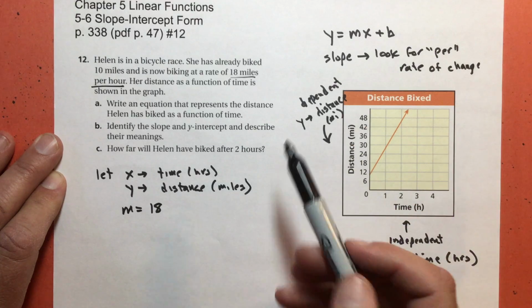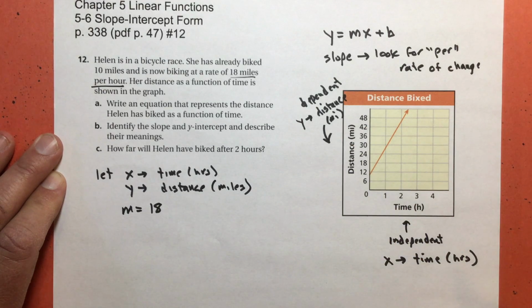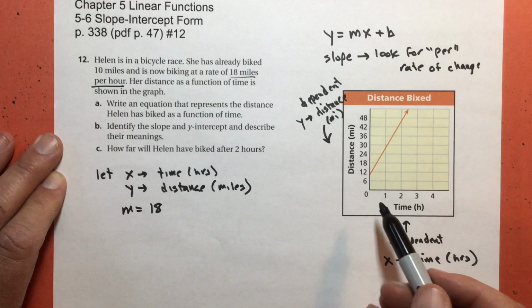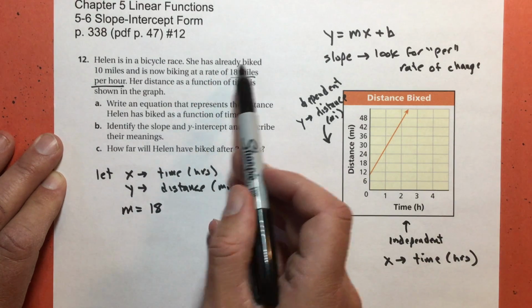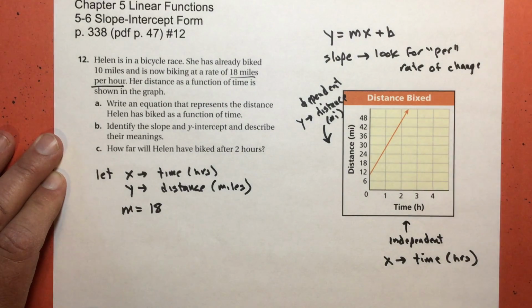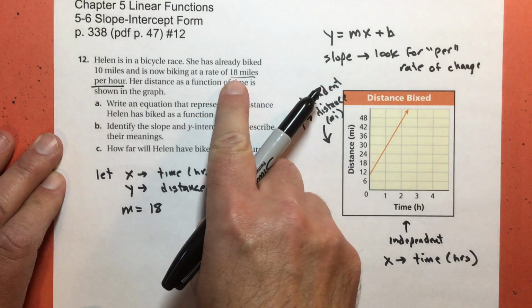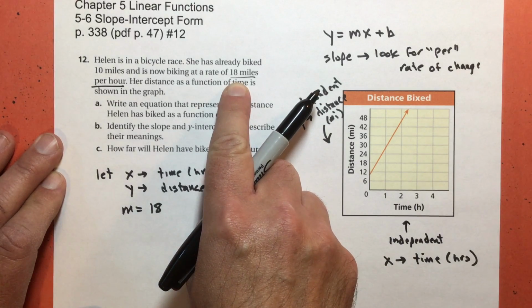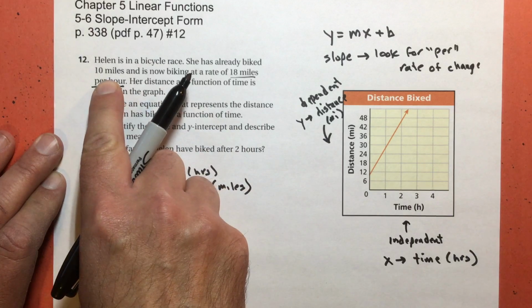The y-intercept is where you started when time equals 0. Now this is a little confusing because it says she's already biked 10 miles. That's why I said this is kind of a calculus problem, because you don't start instantaneously at 18 miles per hour.